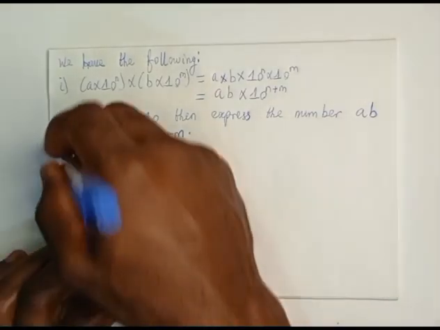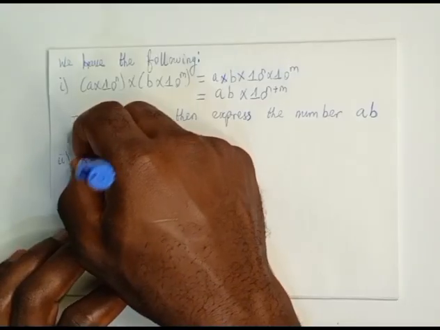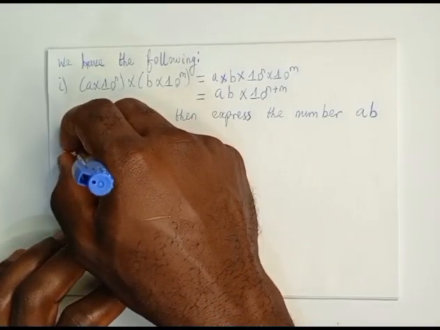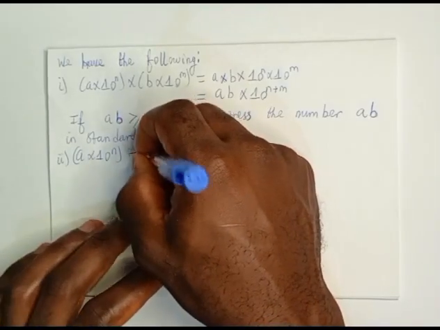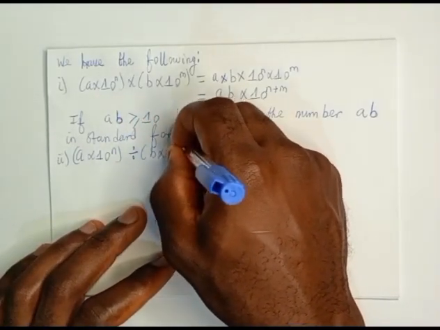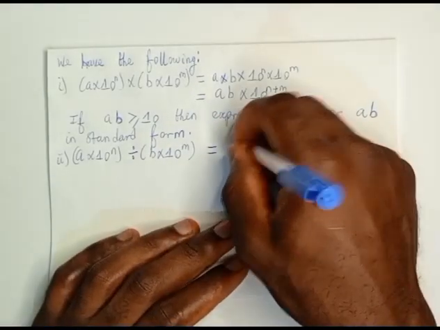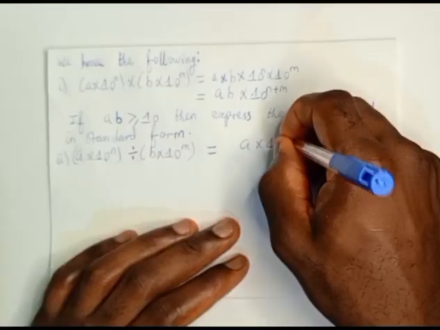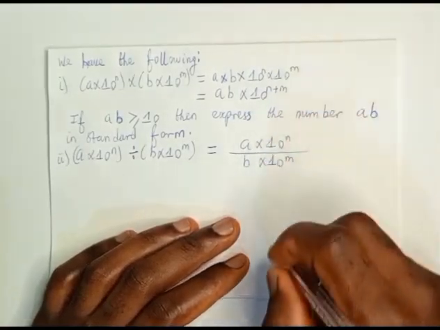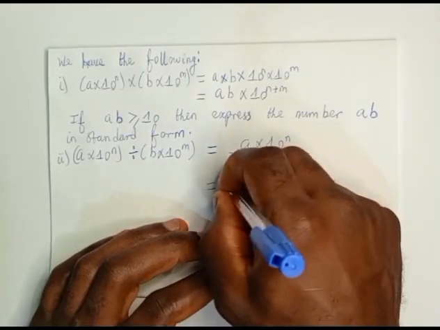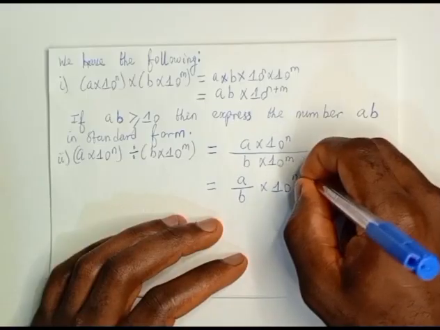Take the next one, 2ii, for division: dividing A times 10 to the power n by B times 10 to the power m. This is the same as A times 10 to the power n all over B times 10 to the power m, which is simply equal to A over B times 10 raised to the power n minus m.